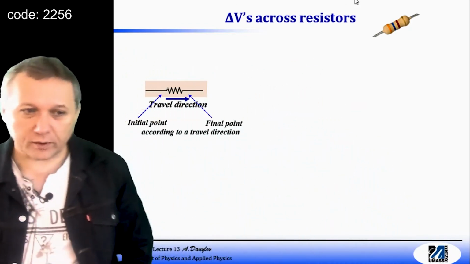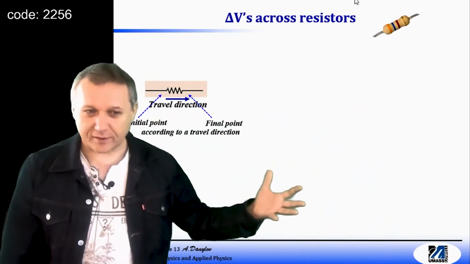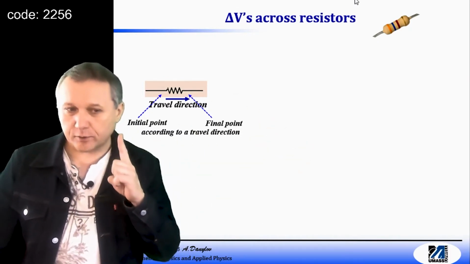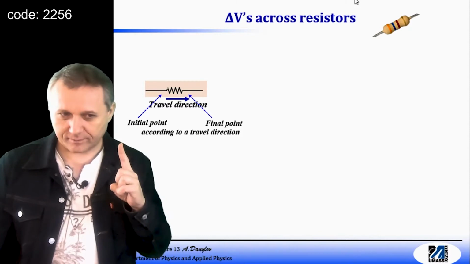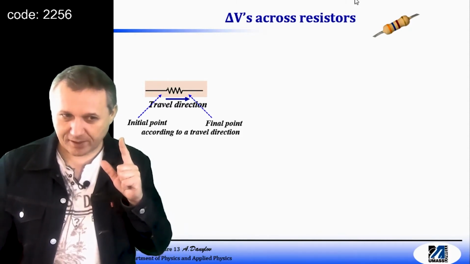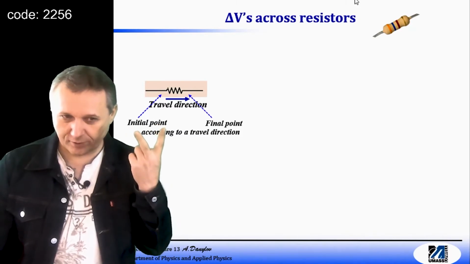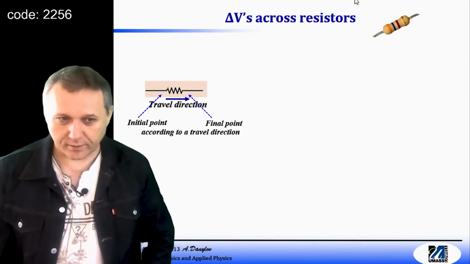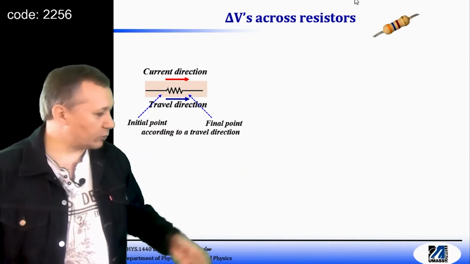So in order to overcome this obstacle and move forward, let's assume a second direction, a current direction. Every time we will be picking two directions. One is travel, and now let's assume a current direction. Again, you can say, come on, what does it mean, assume?